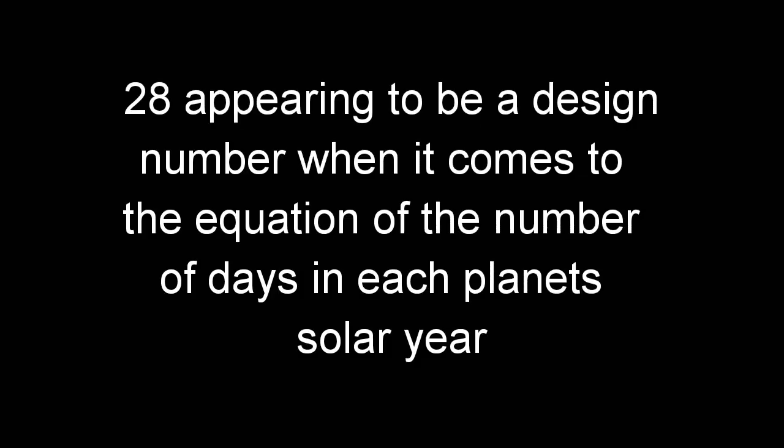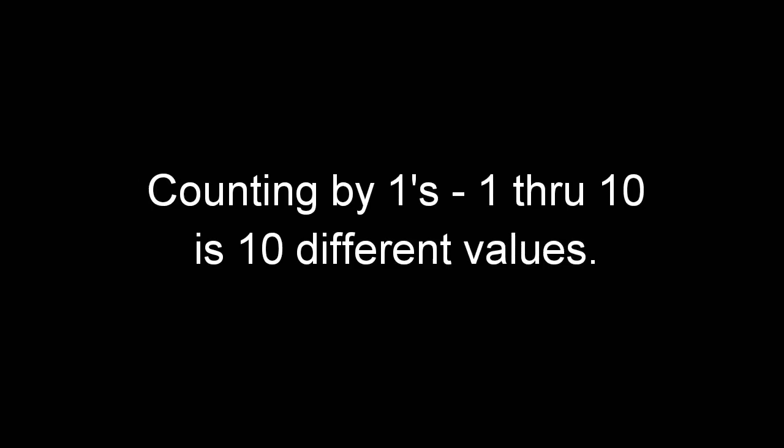28 appears to be a design number, when it comes to the equation of the number of days in each planet's solar year. In another video, I demonstrated how 28 fits into a pattern, with the numbers from 1 to 1000. Counting by ones, 1 through 10, is 10 different values.